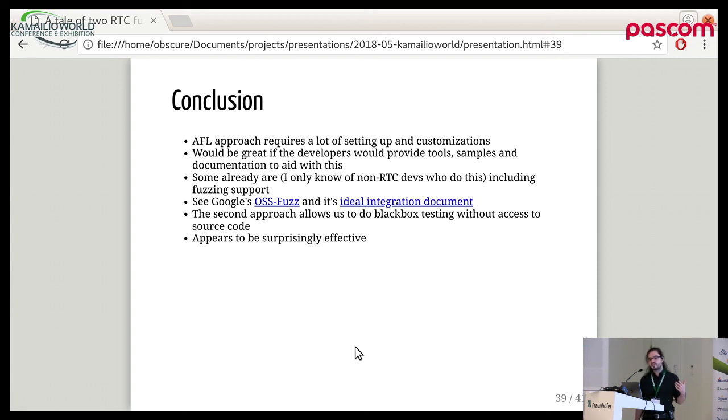Some open source projects are already making it much easier for security researchers and developers to fuzz their software. See Google's OSS-Fuzz, which is a project where open source projects can be fuzzed using the ClusterFuzz cloud fuzzer from Google. So I think that's something that Kamailio might want to consider in the future.